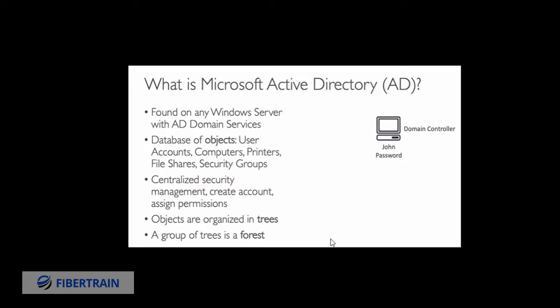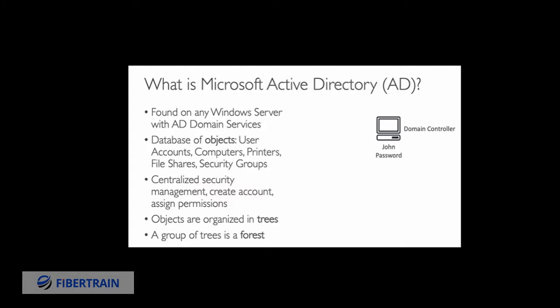You find Active Directory Domain Services, ADDS, on any Windows server, and these Windows servers are used to store the database of different objects like user accounts, computer accounts, printers, file shares, security groups, etc.